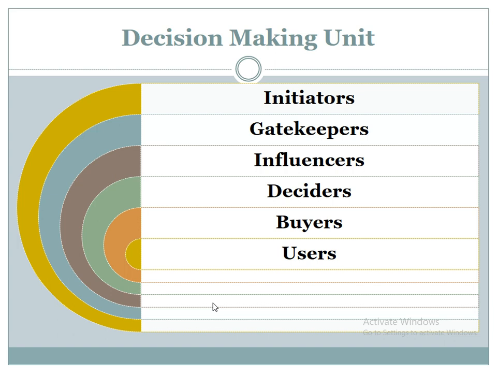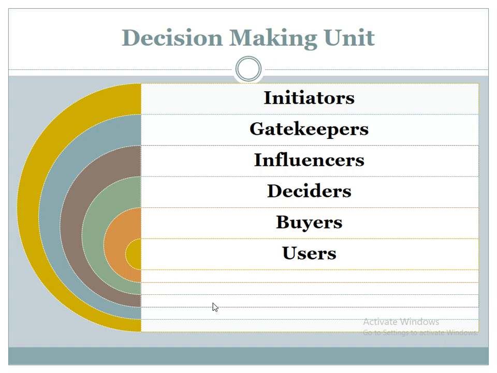The user is the individual who uses the product or service that is to be purchased. Generally, users play the role of the initiator. The influence of the user in the purchasing decision may vary from minor to major. They may define the specification of the needed product.